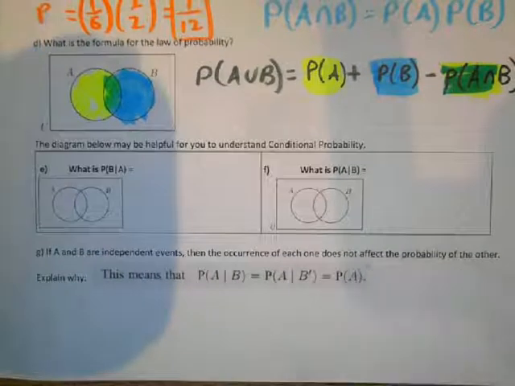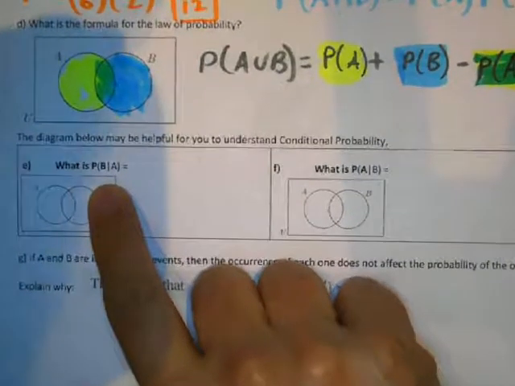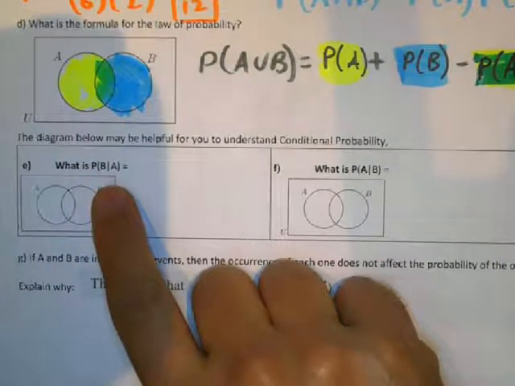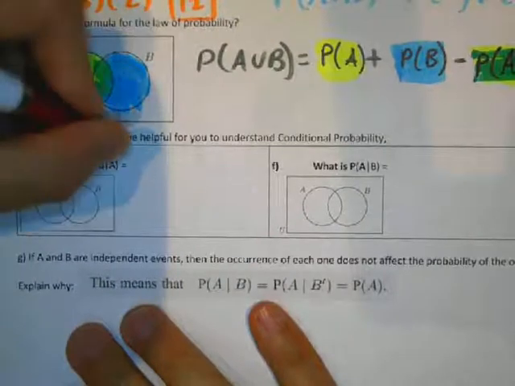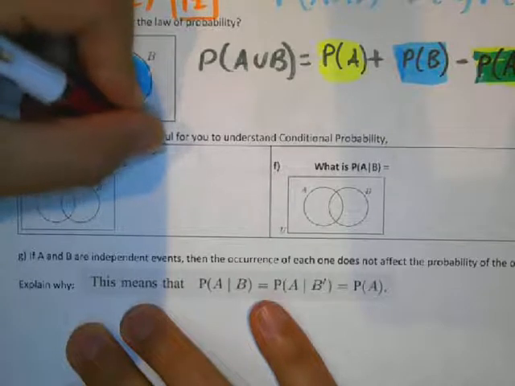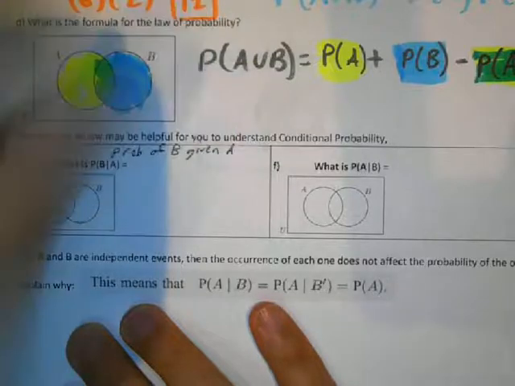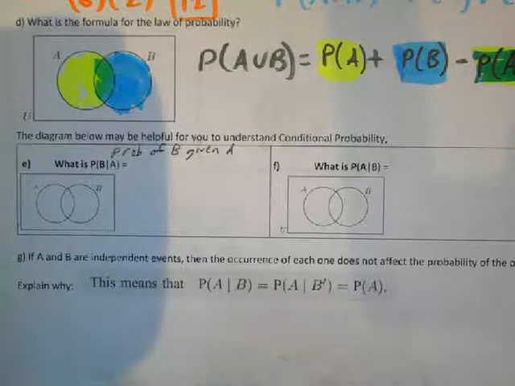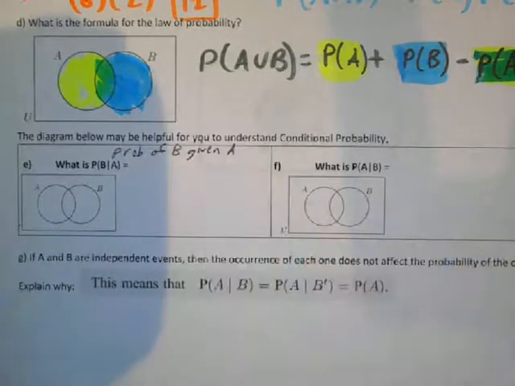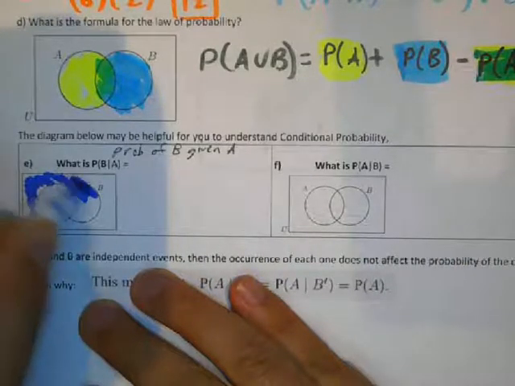Okay, next part. Okay, so what does this mean? Okay, the line here means the probability of B given A. So the word given means we are only looking inside A. So I'm just going to shade all the part that doesn't matter.